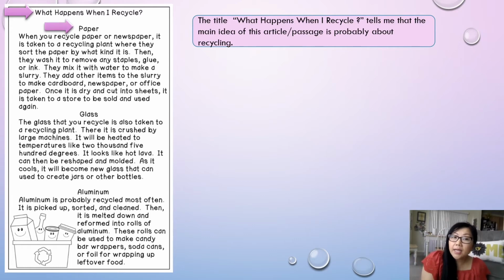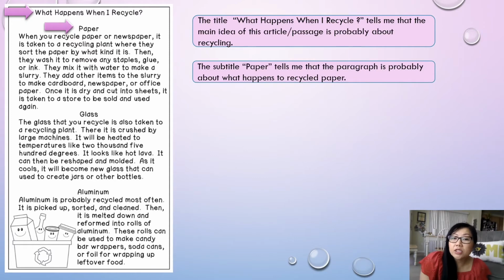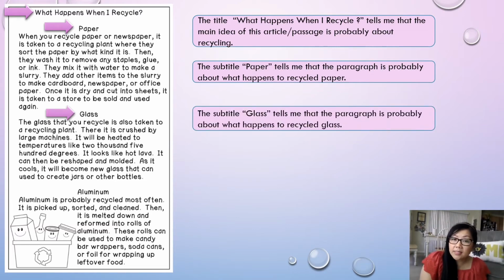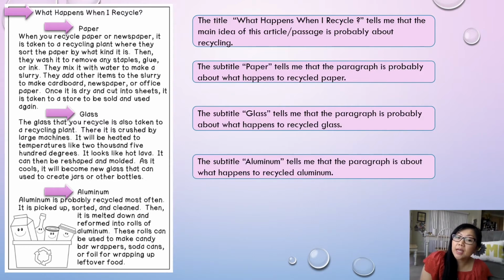The subtitle Paper tells me that the paragraph is probably about what happens to recycled paper. The subtitle Glass tells me that the paragraph is probably about what happens to recycled glass. The subtitle Aluminum tells me that the paragraph is probably about what happens to recycled aluminum.